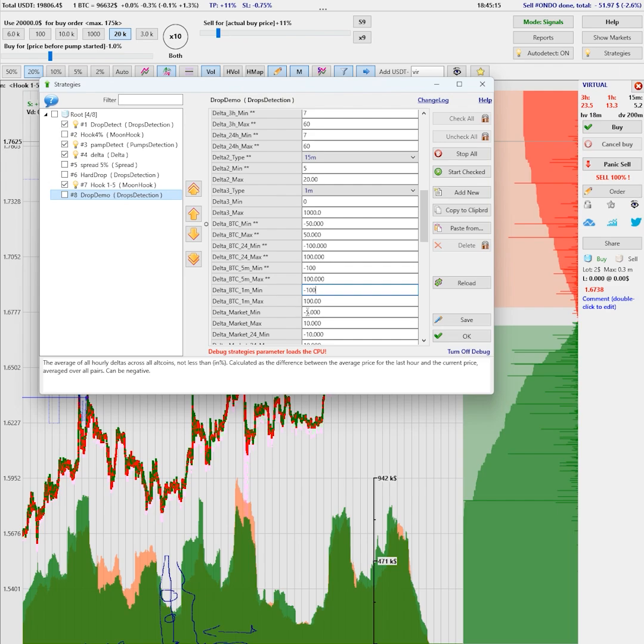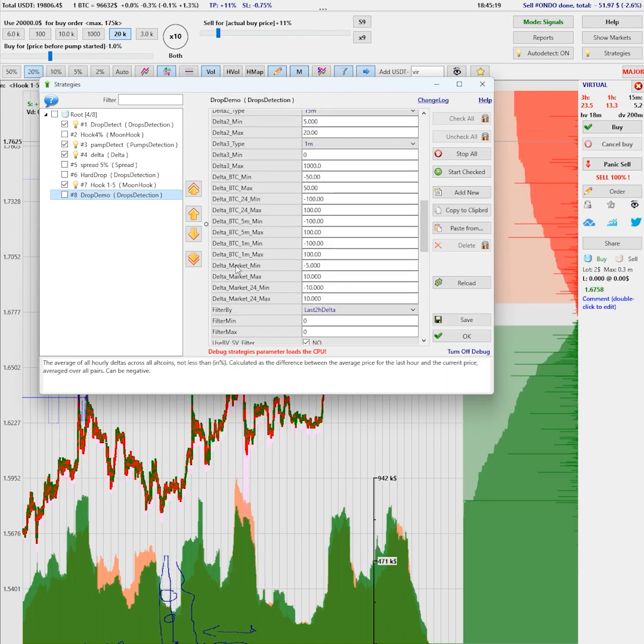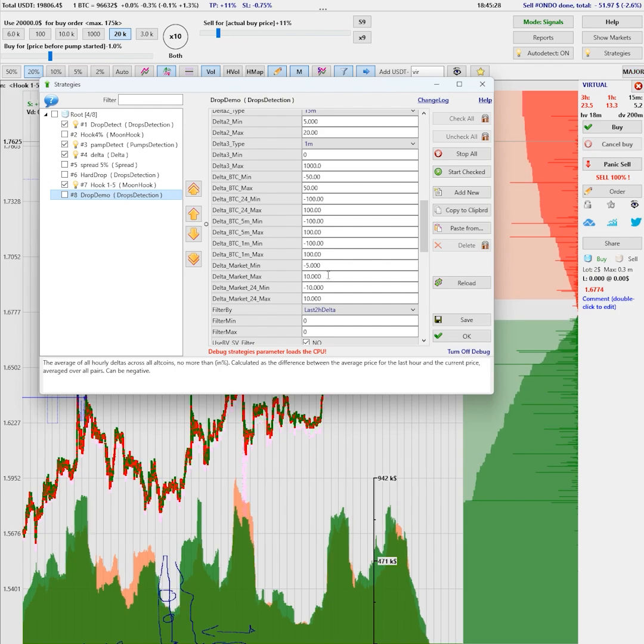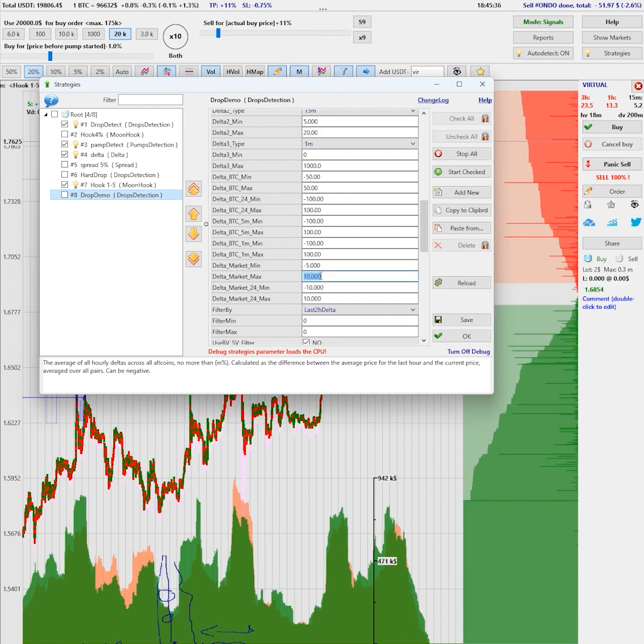Negative 100, delta market. So delta market min max tells you how this coin performs relative to the market, and it's calculated over the last hour. So these two are hourly deltas of this coin relative to the market average.